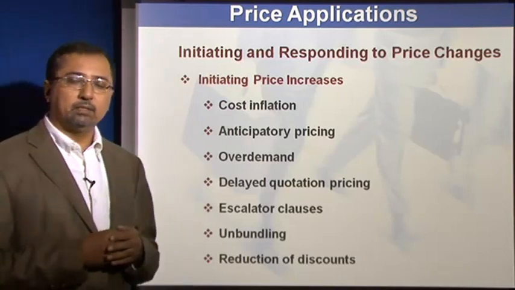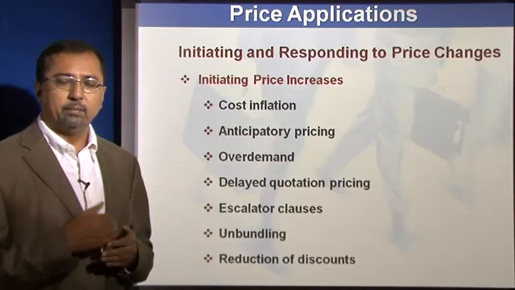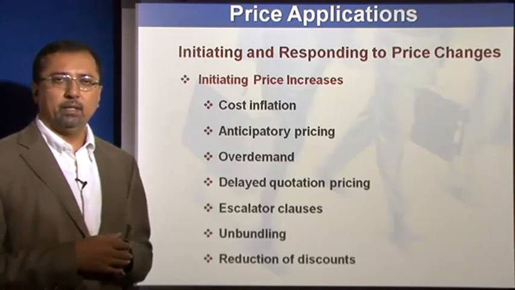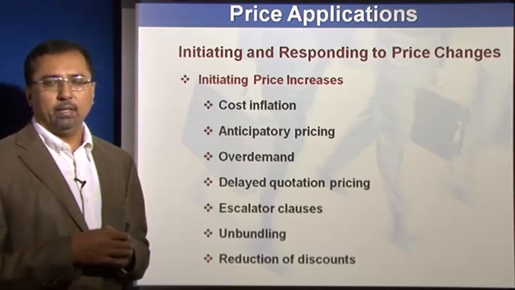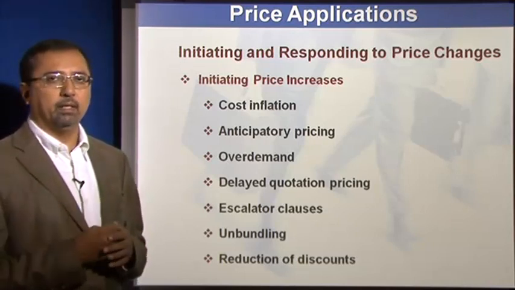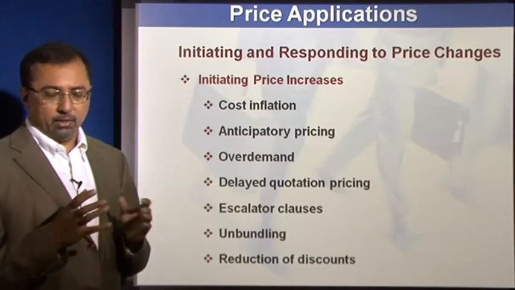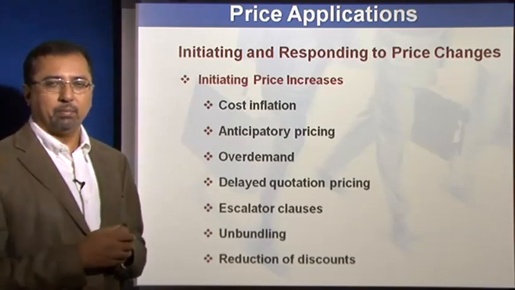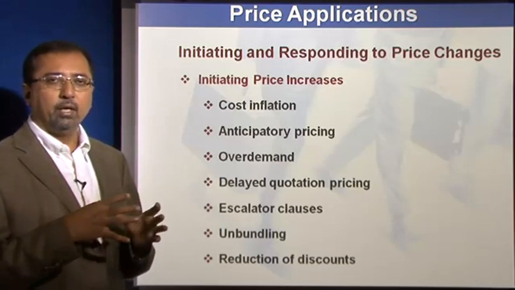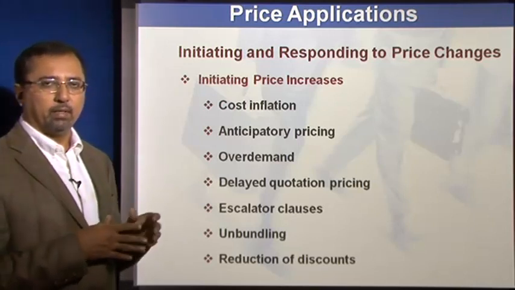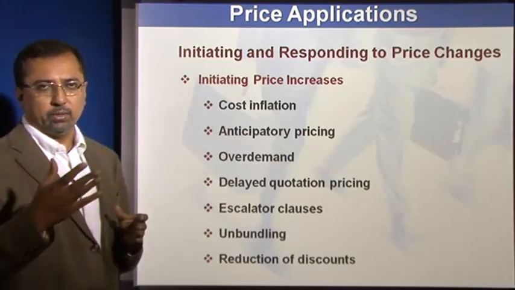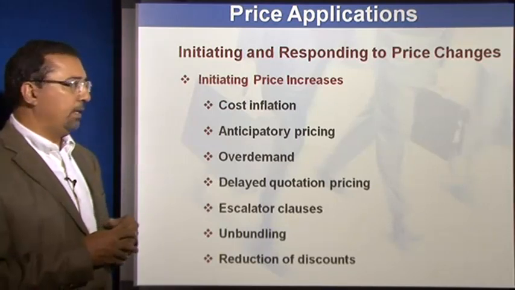Sometimes in certain cases there's an over demand. De Beers, the diamond company, has done this strategy many times. They have tried to stimulate demand but then squeezed supply artificially, or genuinely, but a lot of people believe it was done artificially, and therefore there is a situation of over demand, which then leads to a situation where you can charge higher prices.